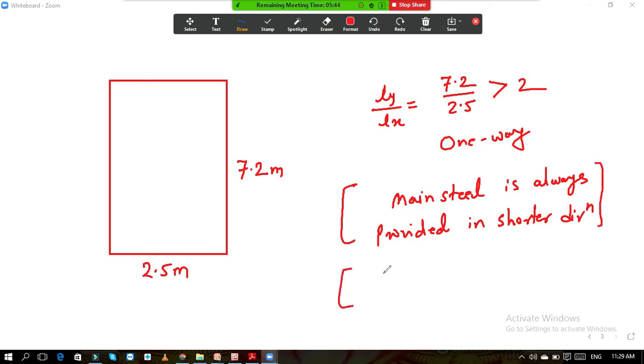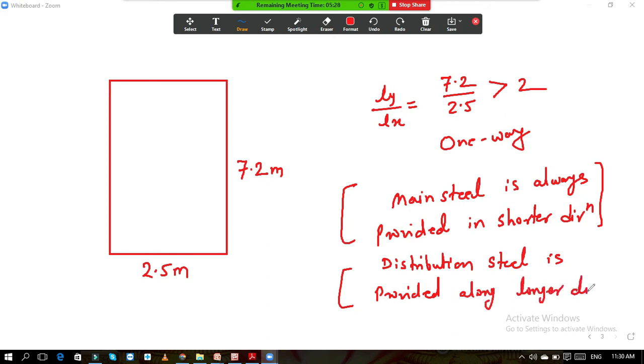And distribution steel is provided along the longer direction. What does that mean?